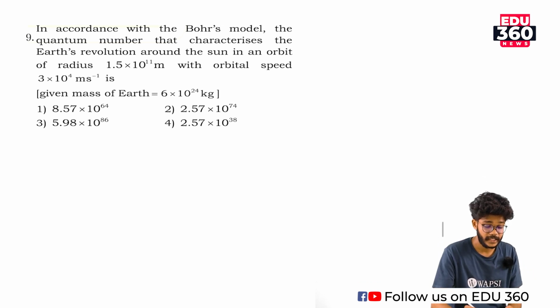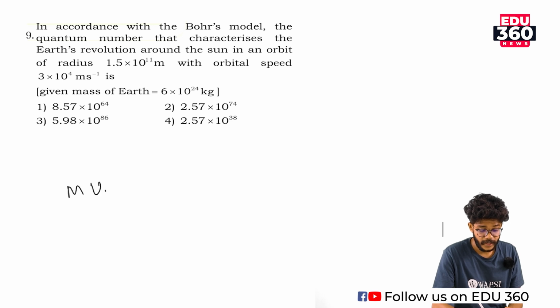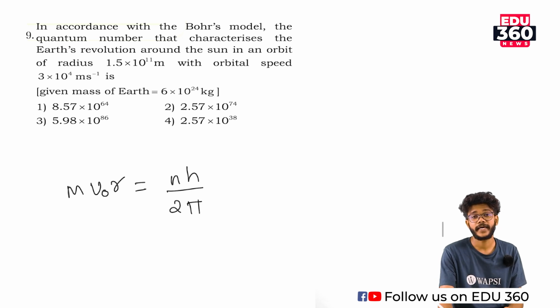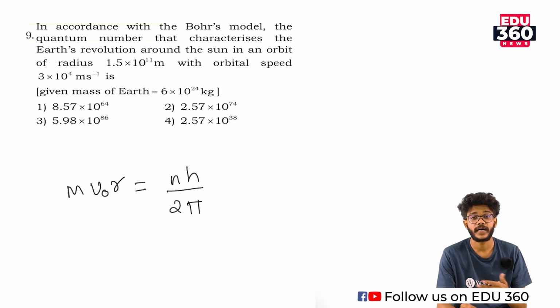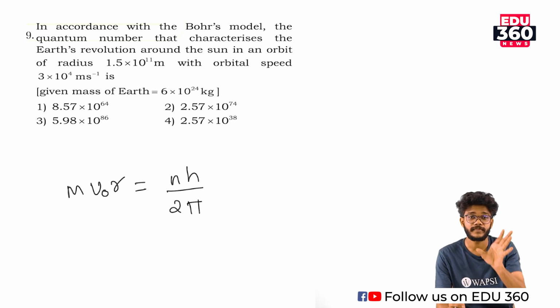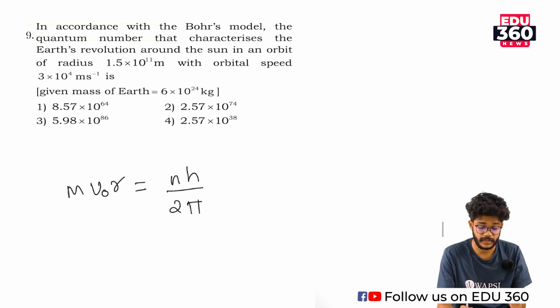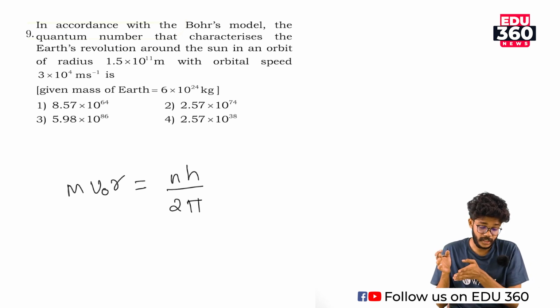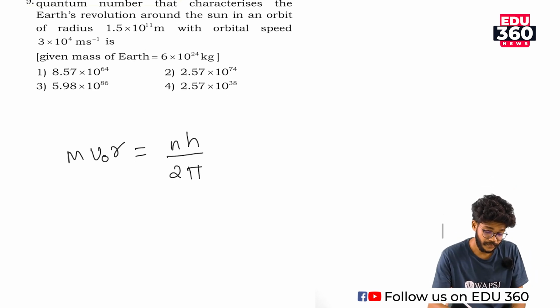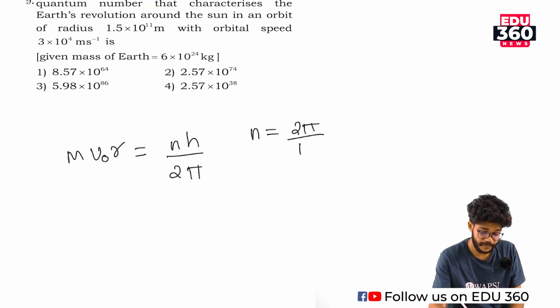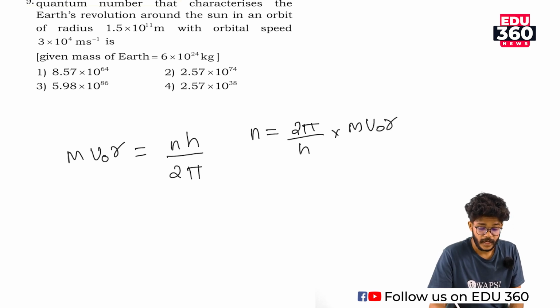I will write the relation: m v0 r is equal to n h by 2 pi. This is related to the angular momentum of the particle. This is the equation which connects n with velocity, mass and radius. So from this equation, n is equal to 2 pi by h into m v0 r.